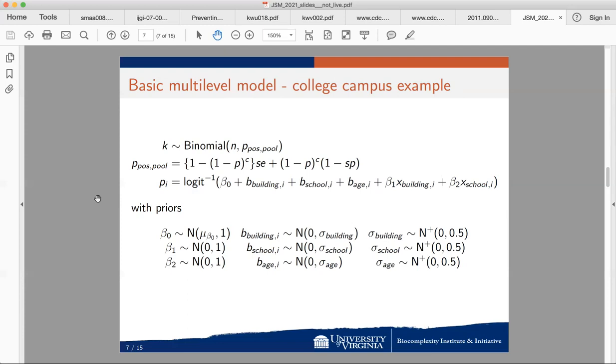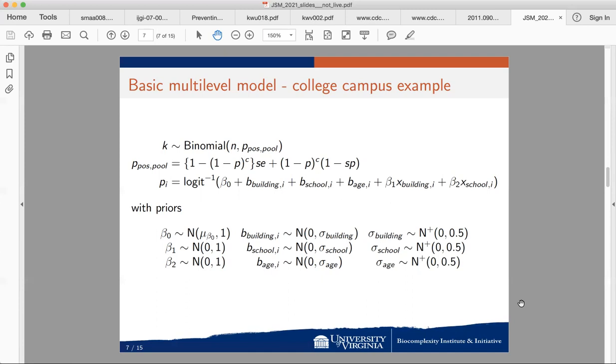To finish out this model, we would have some sort of reasonable prior distribution specification, and ideally this would be based on some prior knowledge or maybe some previous seroprevalence studies. But here I've just given one example. The coefficients are all normally distributed. The random intercepts are also normally distributed around 0, and their standard deviations have a truncated normal distribution prior.